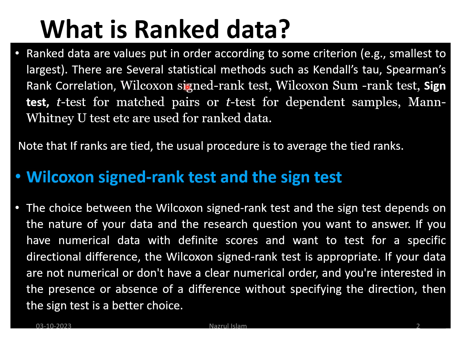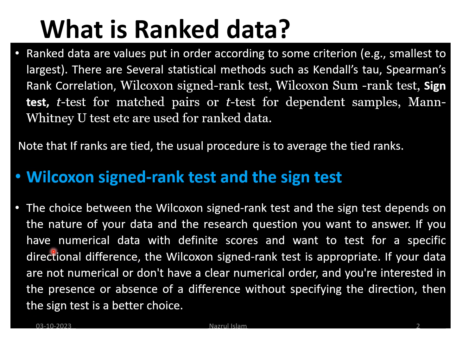Several statistical methods such as Kendall's tau, Spearman rank correlation, Wilcoxon signed rank test, Wilcoxon rank sum test, sign test, t-test for matched pairs or t-test for dependent samples, Mann-Whitney U-test, etc. are used for ranked data. Note that if ranks are tied, the usual procedure is to average the tied ranks.